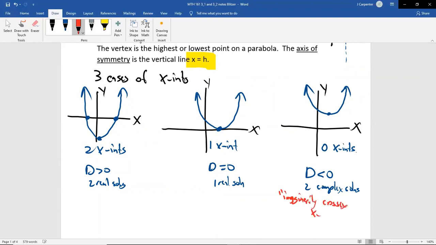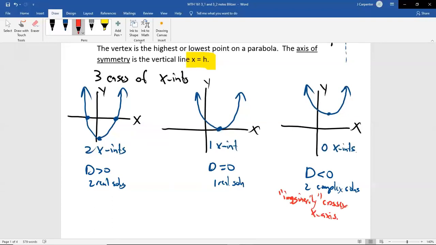That is the entire reason we call them imaginary numbers, because their solutions have i's in them, but they don't cross the x-axis. It's imaginary. That is the only reason we call them imaginary numbers.